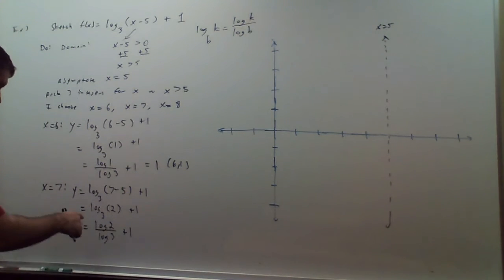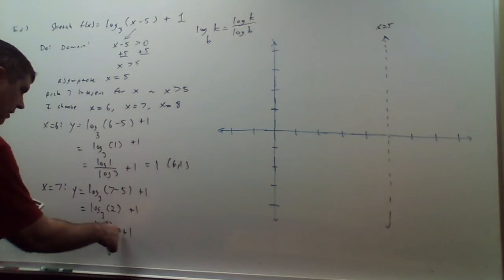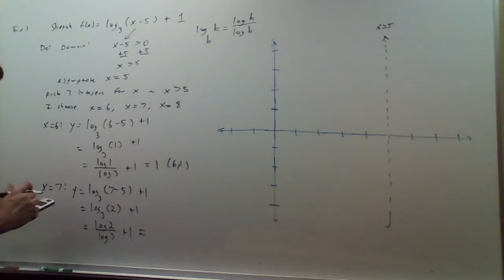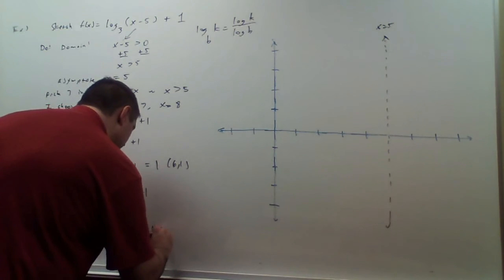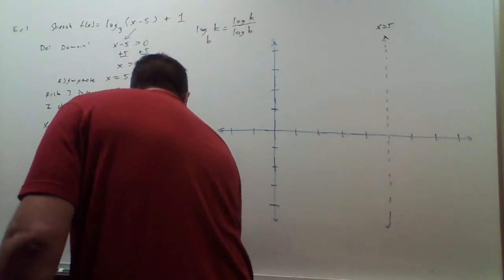All right, so log of 2. Enter. That gives me 0.3, divided by log of 3. That gave me 0.63. Plus 1, 1.63. So 7 and 1.63.